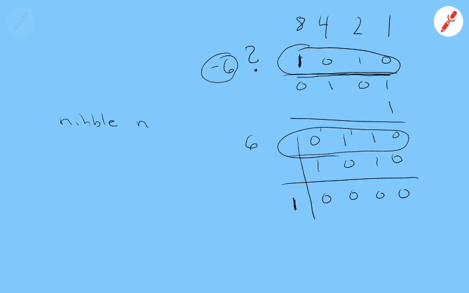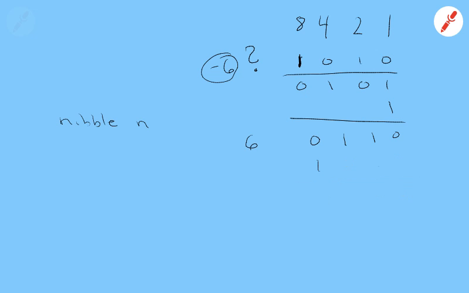Okay, so we're not doing this in 4 bits ever. We're doing it in 8 bits or 16 or 32 or 64, depending on the data type that you've declared. And in all cases, the most significant bit is the sign bit.